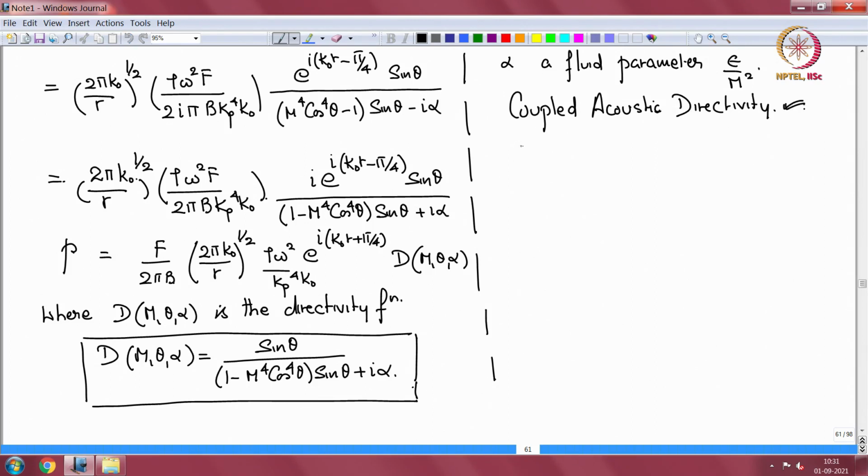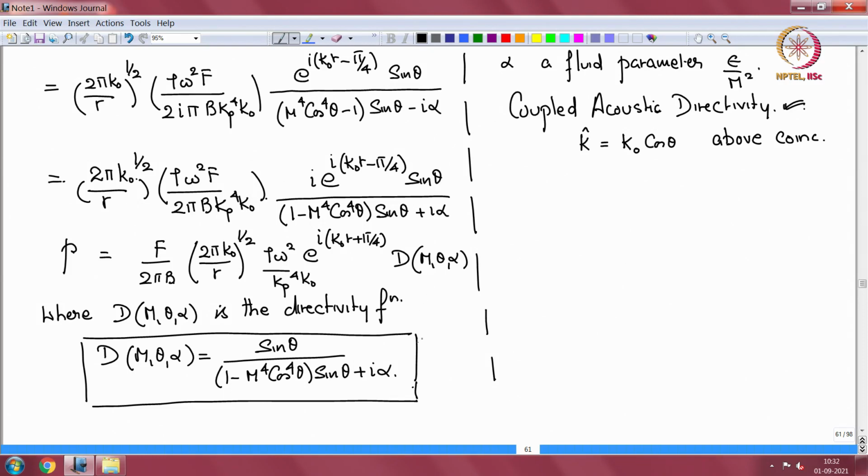We should note that we are talking k hat is equal to k0 cos θ, which means we are above coincidence. Okay, so below coincidence there is no sound. There is no wave number that can generate sound. We are talking above coincidence.